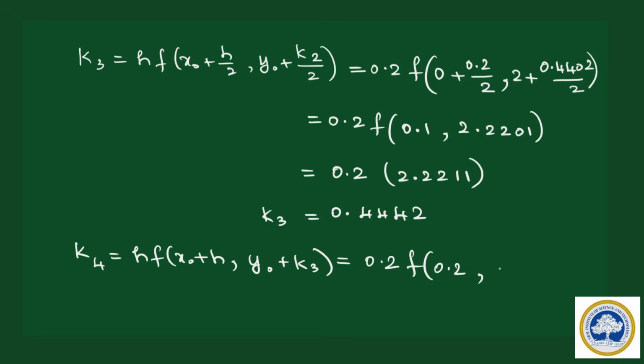Again y naught is 2 plus K3 is this one, so directly I can write here 2.442. Now put it in the function and then multiply by 0.2. So the final answer will be 0.4904. This is K4.